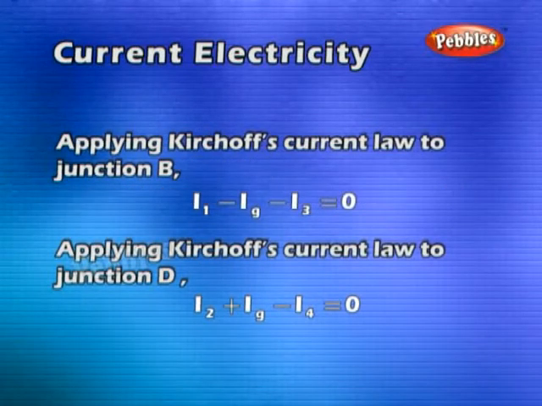Applying Kirchhoff's current law to junction B, I1 plus IG minus I3 equals 0. Applying Kirchhoff's current law to junction D, I2 plus IG minus I4 equals 0.